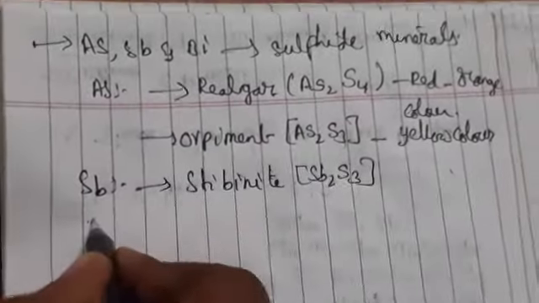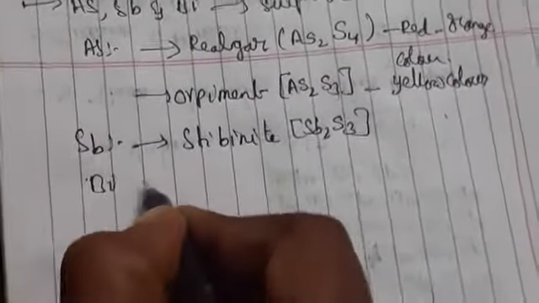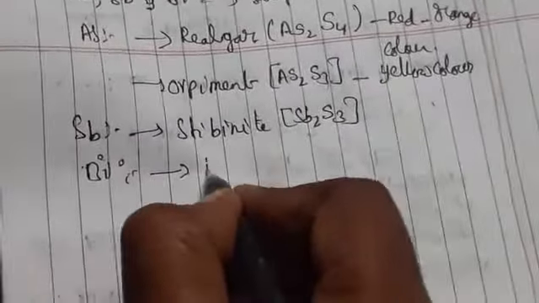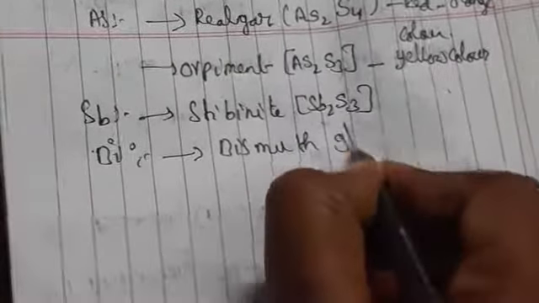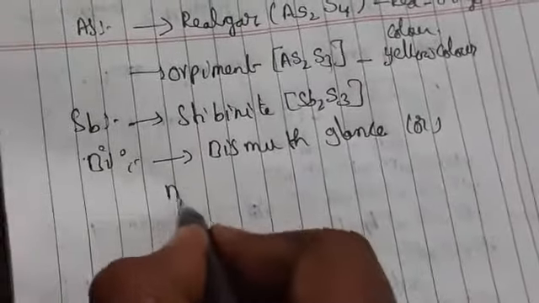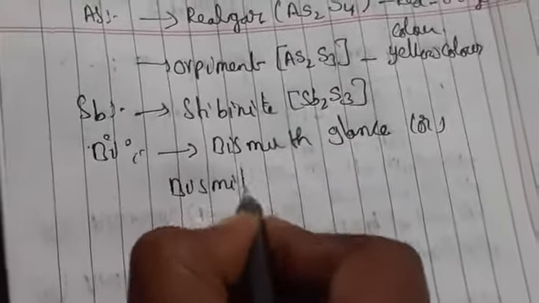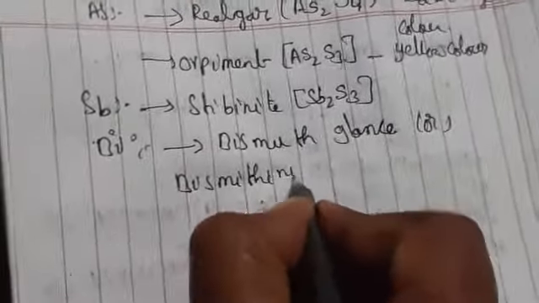Next is bismuth, available as bismuth glance or bismuthinite, formula Bi2S3.